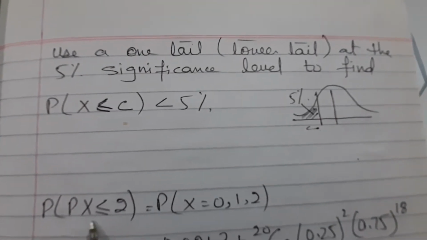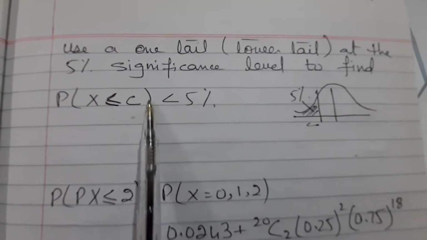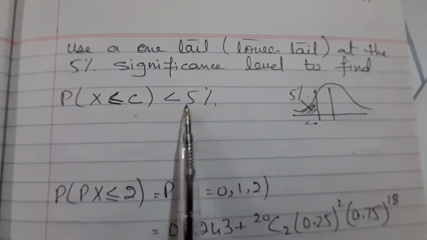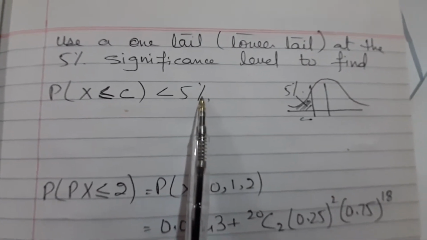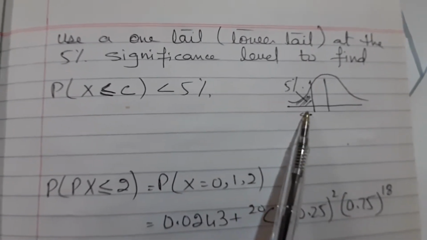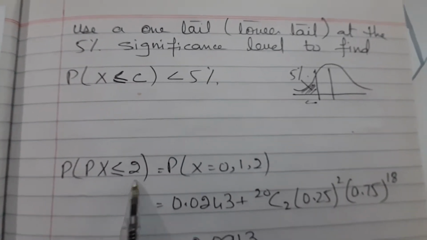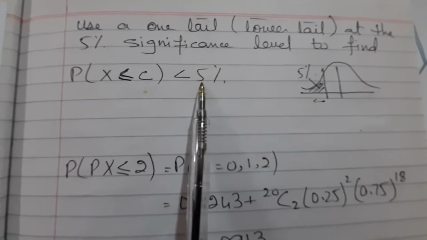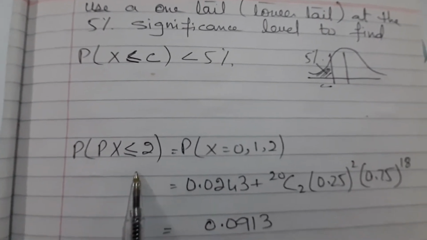Like I said, I am trying to find the value for which the probability is less than 5%, and it is a one tail, lower tail test. When I checked the probability of X less than or equal to 1, it was falling under the category of 5%, but then I have to see whether that is all or there are more values.